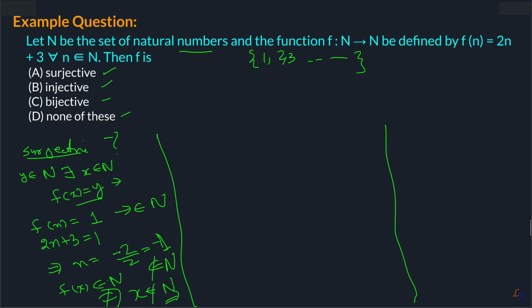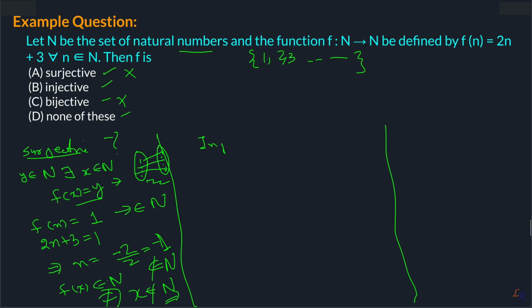If it is surjective, then each element of this should be associated with some element, right? But there are some elements for which there is no element in x, so it is not surjective. So this condition is not satisfied. Now if it is not surjective, then it will not be bijective, because it has to satisfy both conditions, right? So now B or D, we have to check whether it is correct or not.